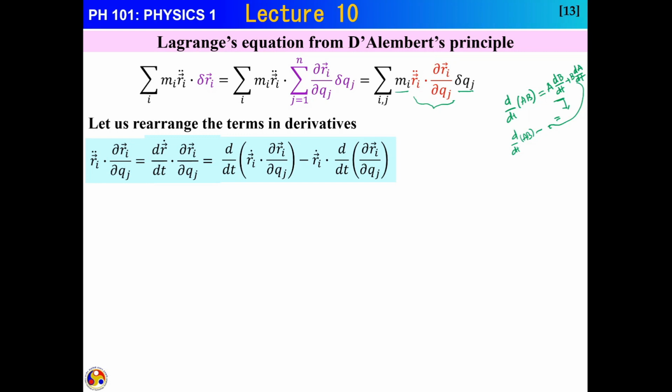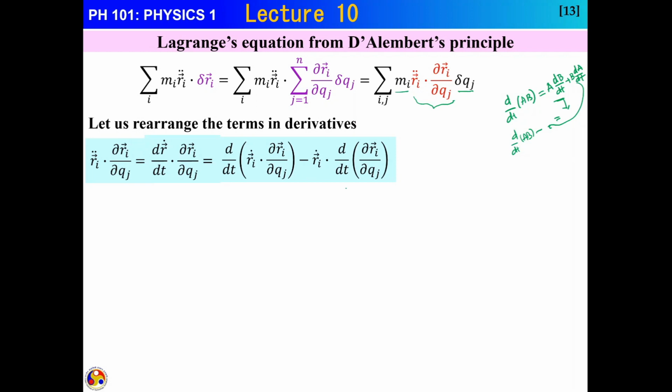That's exactly what we are doing. If I take this as a and b, one form is a db/dt or b da/dt, and the other term turns out accordingly. It's just a mathematical expression. So here A is r dot and B is the partial derivative of r by qj.